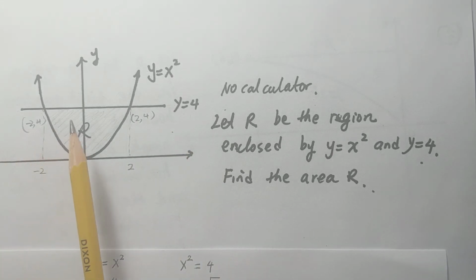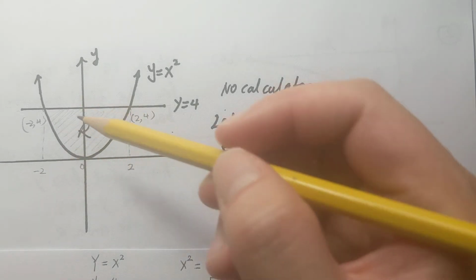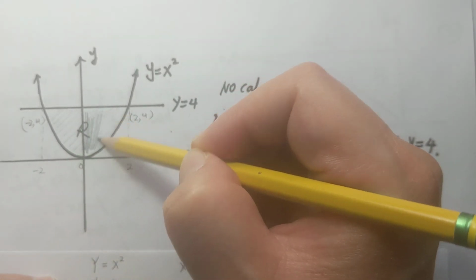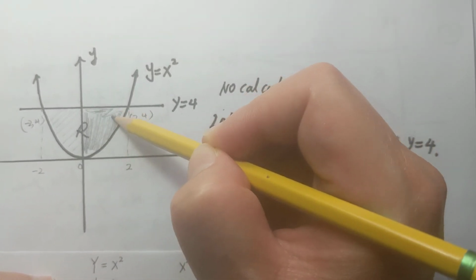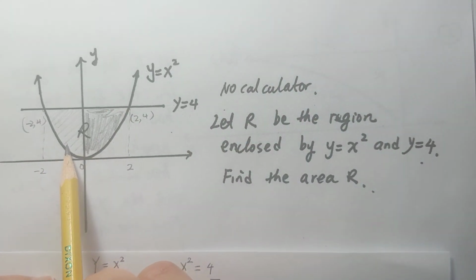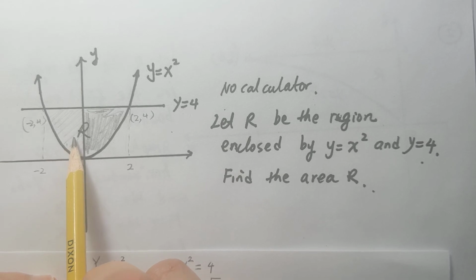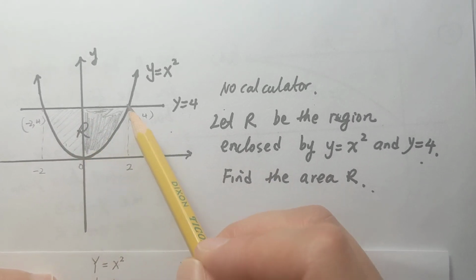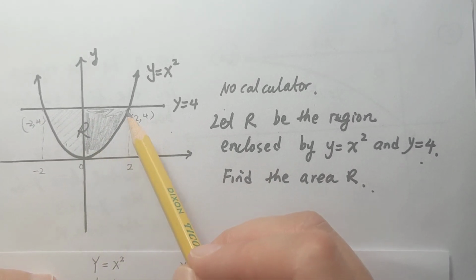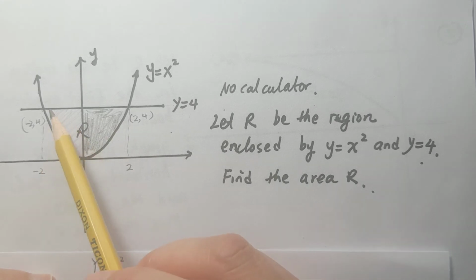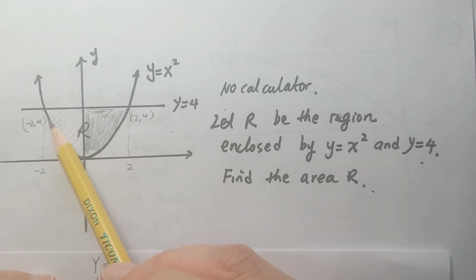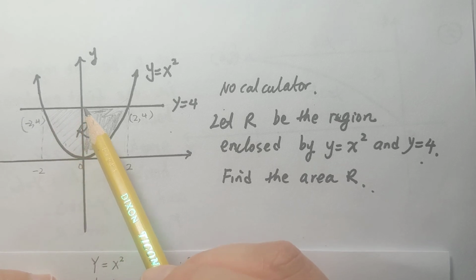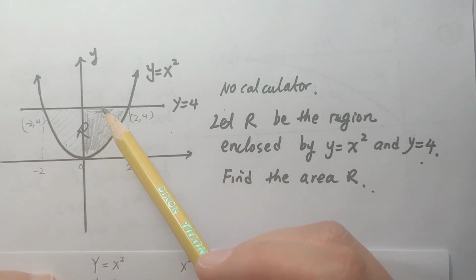So that means this part over here is symmetrical to the other part on the second quadrant. So if this is the case, we're going to use the property that we learned before. If I find the area of this part in quadrant 1 and I double it, then I will get the entire area. So this is using the property of even function.